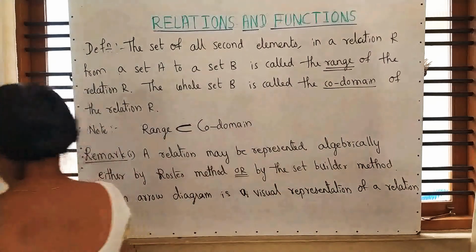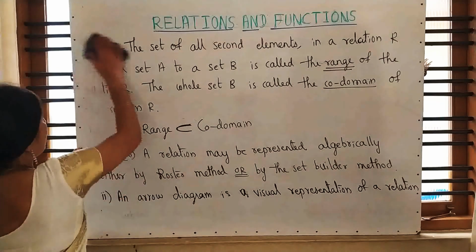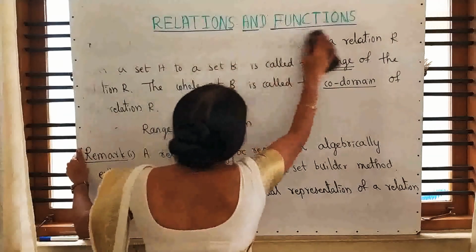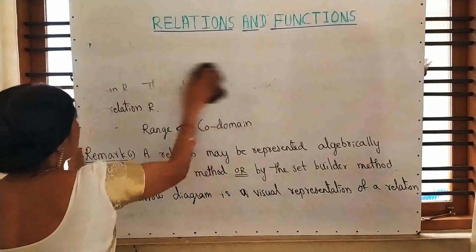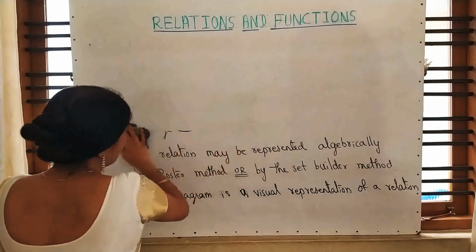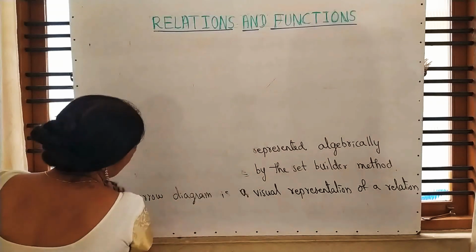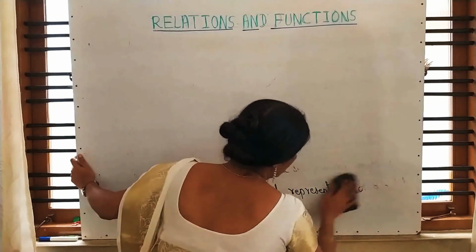Now go for the example. I will explain with the help of an example. Every definition I will explain here: range, domain, codomain, algebraically, everything. Just note down this definition, then you can easily understand with the help of the example.